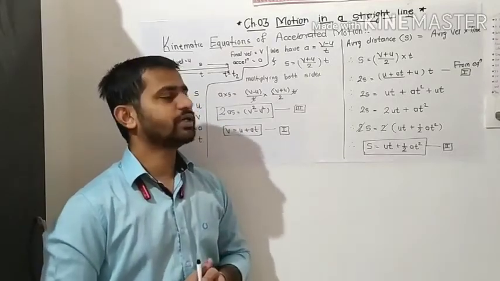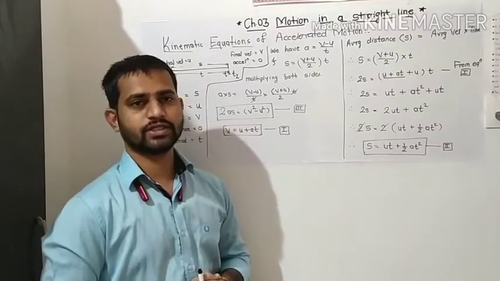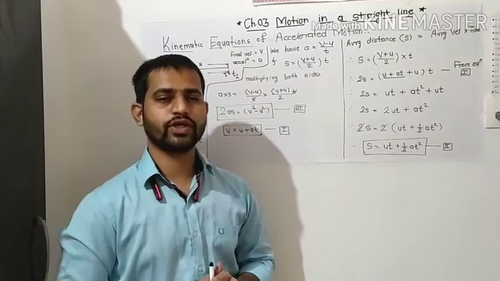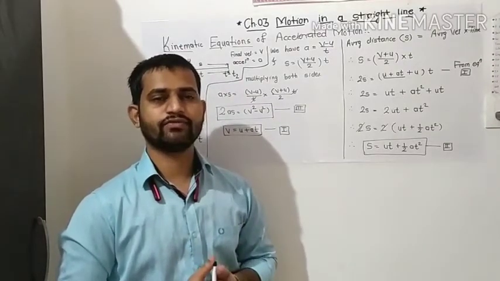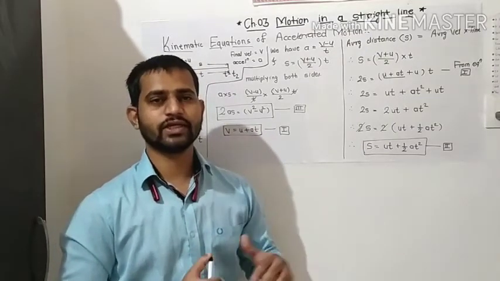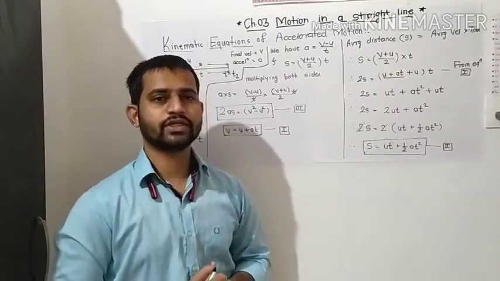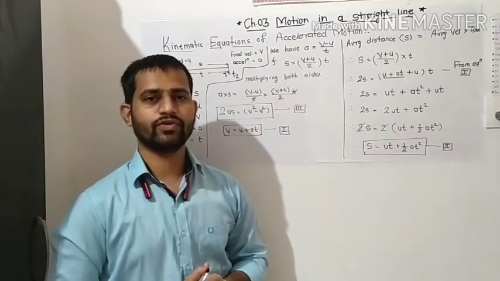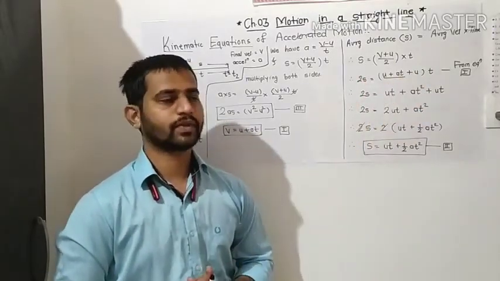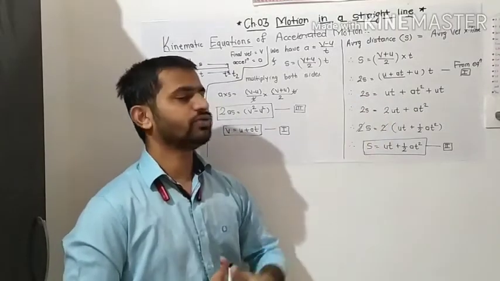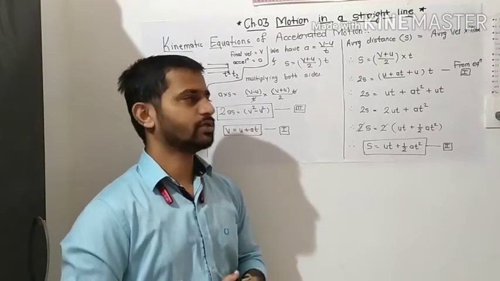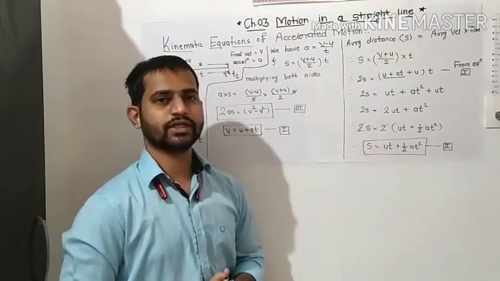By using the average velocity, we can go for the second equation: average velocity into time will give us the distance s. So we can write s is equal to v plus u upon 2 into t. Now we put the first equation, v is equal to u plus at, into this. Then twice s is equal to ut plus at square plus ut, and adding the similar terms, twice s is equal to twice ut plus at square.